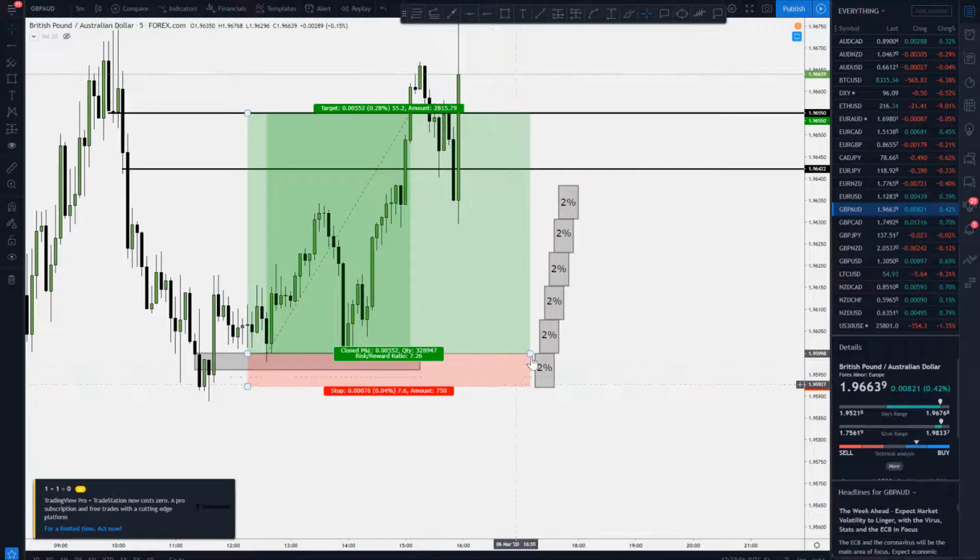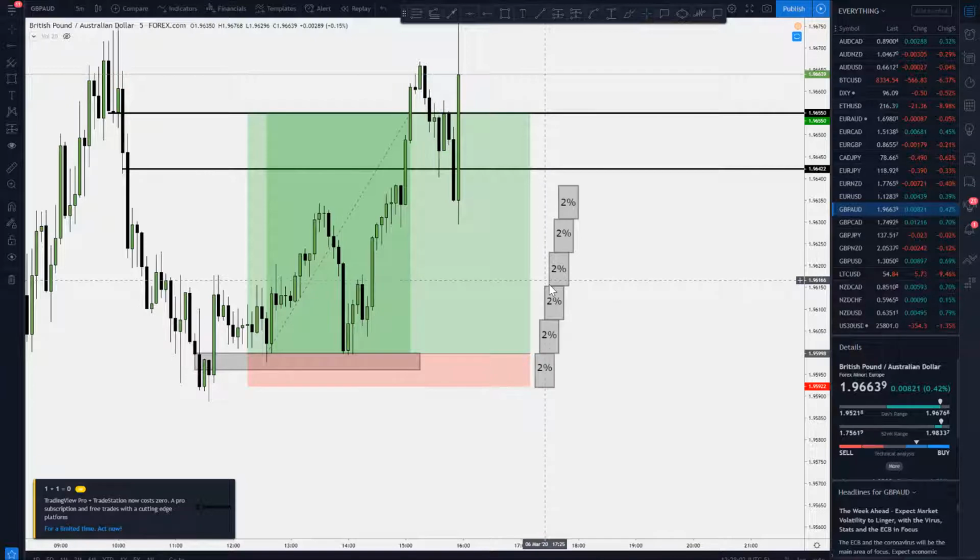Okay, so now that I got these up, you can see once we got up here, that was 2% of our account. Our 1 to 3 reward was 6% right here. So once we got to 6%, which was 23 pips in profit, we could have taken half off there. We're like, okay, we at least want a 1 to 3 every single trade.